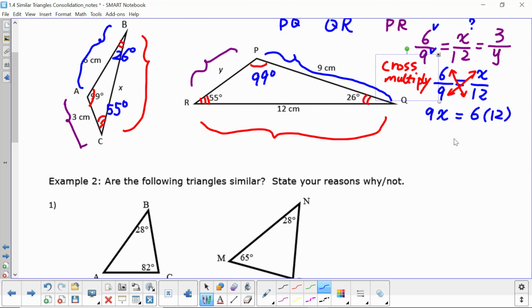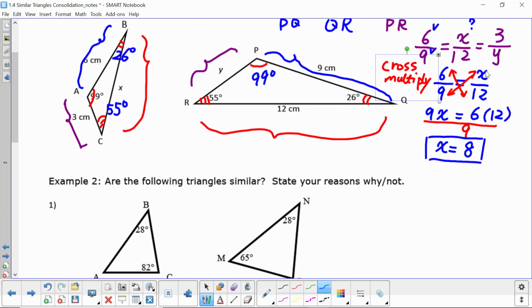Then you have this equation with only one x to solve. We move the 9 to the other side by doing the opposite operation. So 9 times x, moved to the other side, becomes divide. Then 9 divided by 9 gives you x. 6 times 12 divided by 9 gives you 8. Then you have x solved.